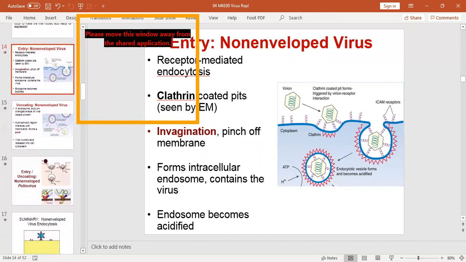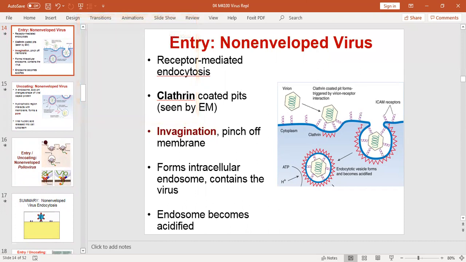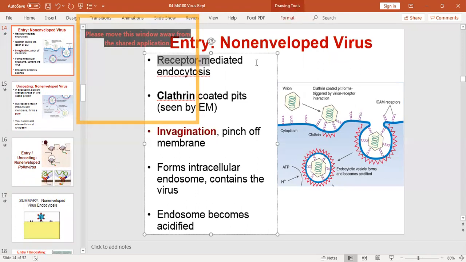So let's talk about a couple different scenarios of entry and uncoating of a non-enveloped virus, a virus that is so-called naked. It happens through receptor-mediated endocytosis using clathrin-coated pits. Clathrins can be seen by electron microscopy. These are small proteins.